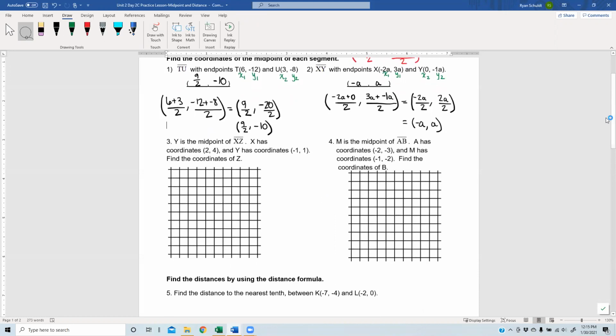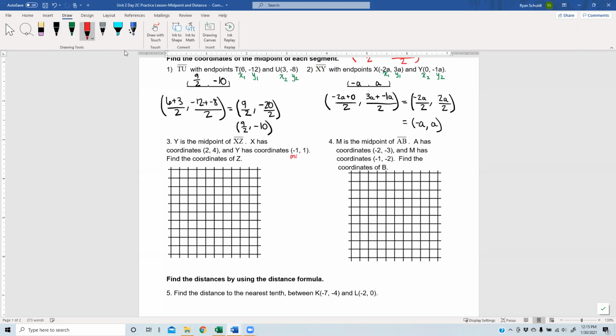Number 3. Y is the midpoint of xz. X has the coordinates of 2, 4. Y has the coordinates of negative 1, 1. Okay, Y is our middle. Let me get my pen here. Y is the middle here.